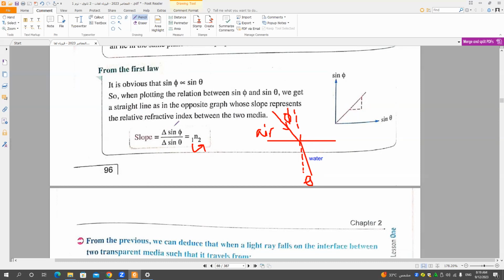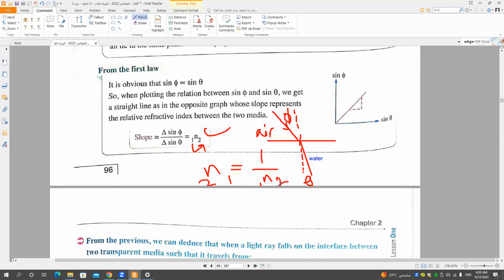So the ratio between sine phi over sine theta equals the absolute refractive index between the two media, from the first medium to the second medium, from air to water. What will happen when the light rays travel from water to air? It will equal the reciprocal of this equation: n from 2 to 1 equals 1 divided by the absolute refractive index from the first to the second.